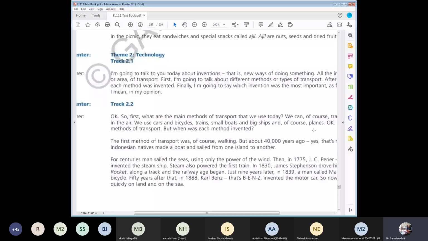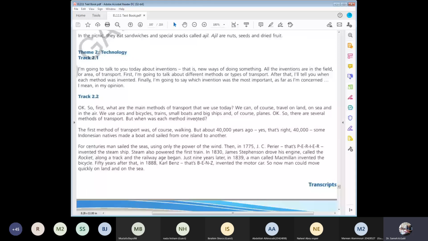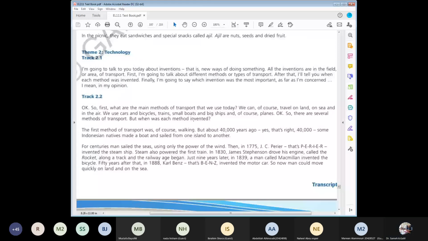Let me make it smaller so that you can capture everything. Track 2.1. Can you see that? Yes, we can see. Go ahead. Read the first part only, 2.1. Let me know when you have finished.